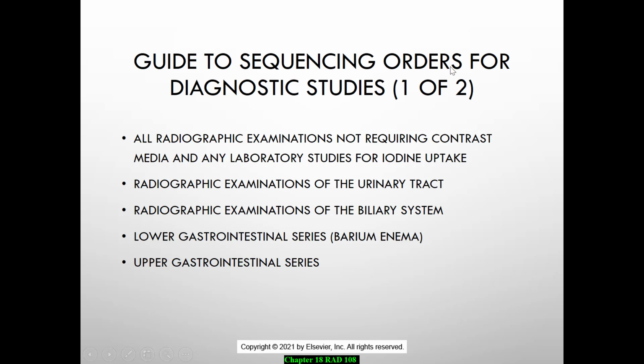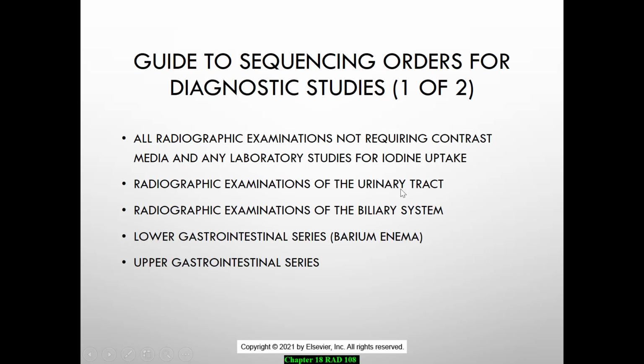So when we're taking a look through this chapter, one of the things that I want to point out to you is that there is a guide to sequencing orders for diagnostic studies. If you were to do an abdomen radiograph, if it's already full of contrast media, you're not going to be able to see what you should be seeing for the anatomy. So one of the things to take into consideration is if you need to do any exams that do not require contrast media and any laboratory studies for iodine uptake, then you really should take those images first and then start the sequence of exams.